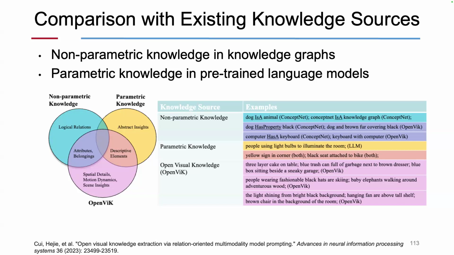There is some parametric knowledge where both our model and some existing models can generate similar styles of knowledge. And there is some knowledge only our method is able to generate, because we take the images as input, not directly prompting the model.